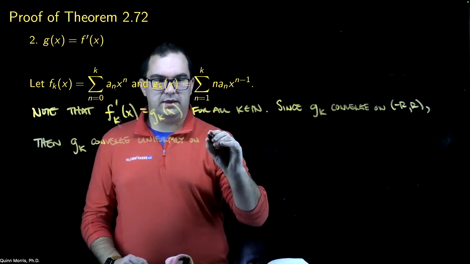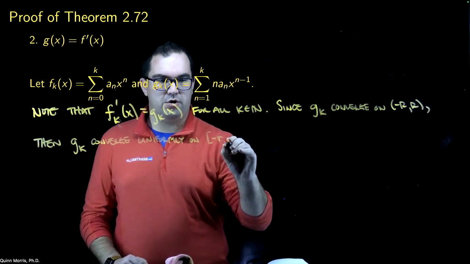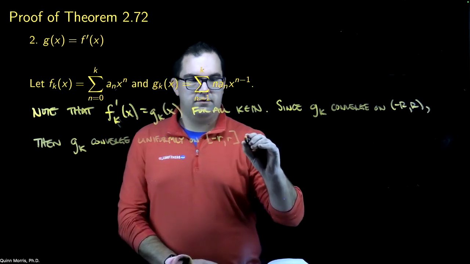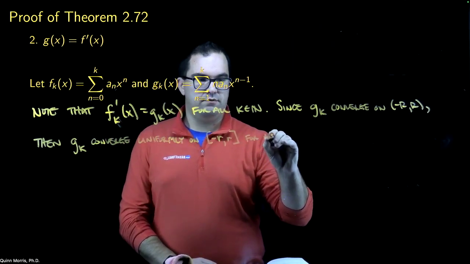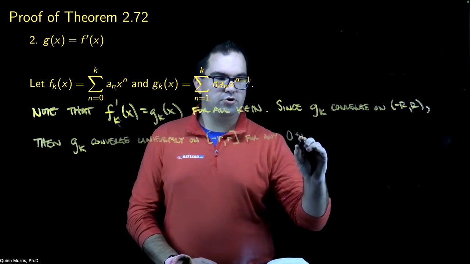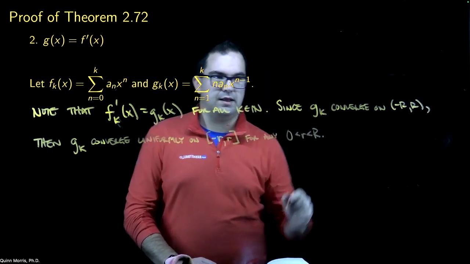They converge uniformly on minus r to r for any little r you pick between 0 and capital R.